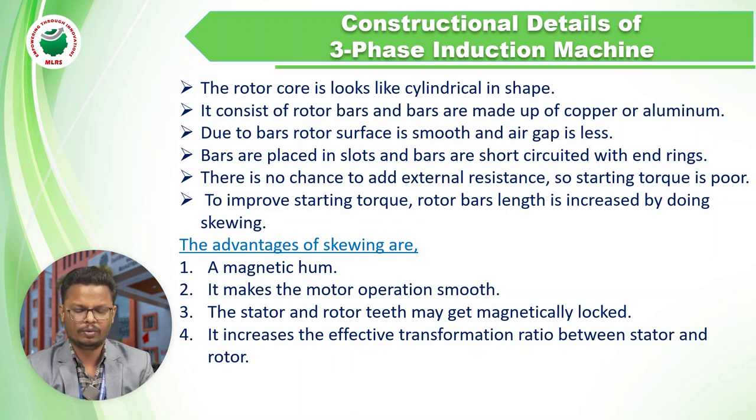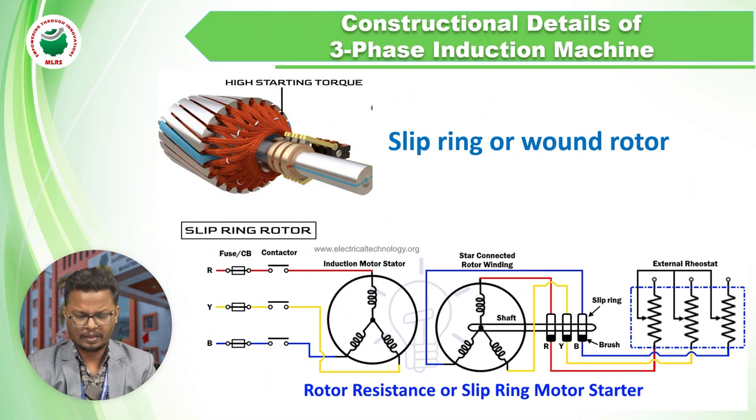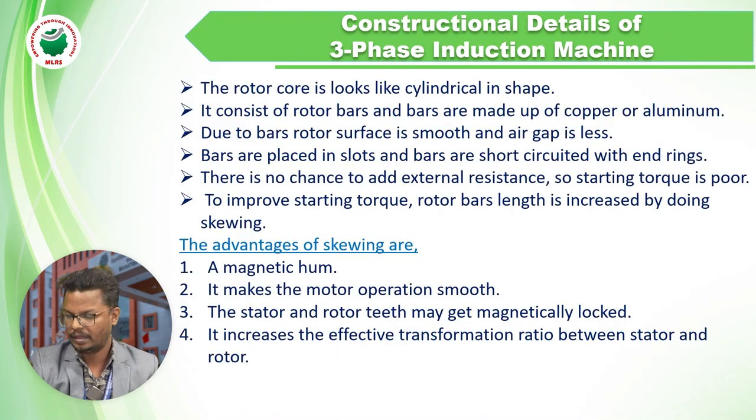Next, we are going through some important points regarding the squirrel cage induction motor. Whatever changes occur on the stator, the same changes will be done in the rotor automatically.